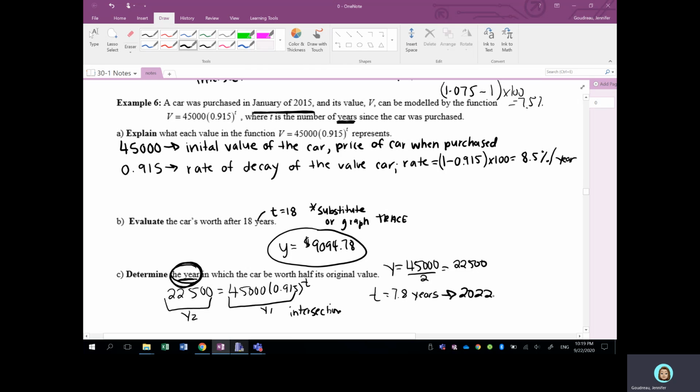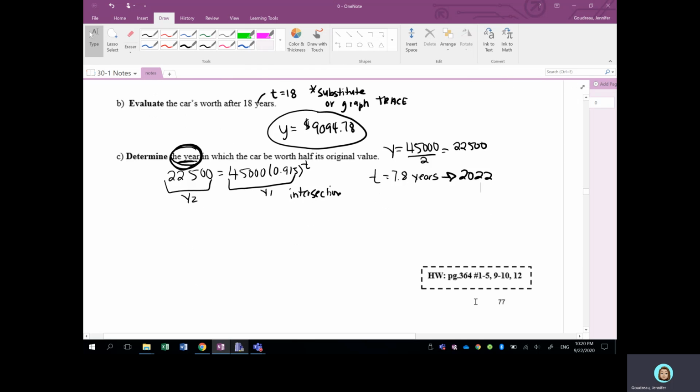So be careful how you answer that question. We are starting in January of 2015, so at the beginning of the year, we're going for not quite 8 years. If I said 2023, it doesn't happen in 2023. That would mean that it took more than 8 years. It doesn't quite take 8, so 2022.